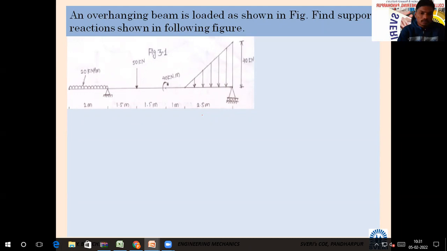No. How many supports are there? Two supports. Which are they? Roller and hinged. Very good.